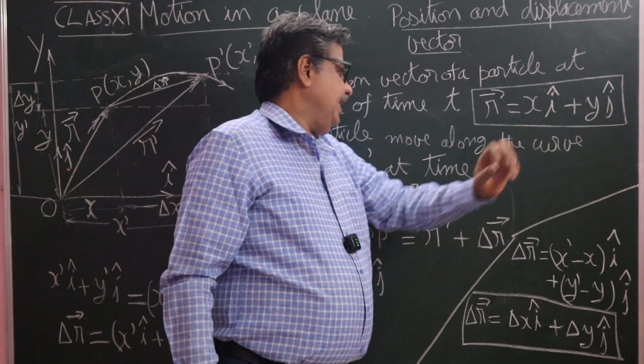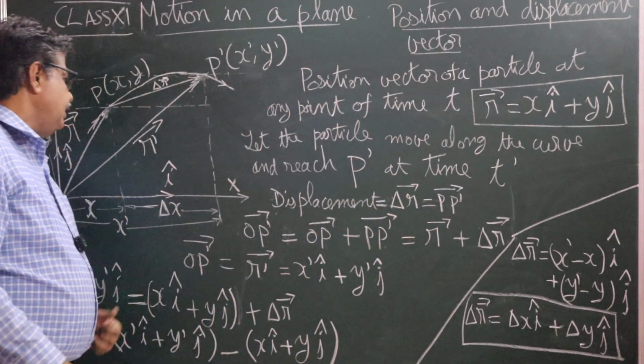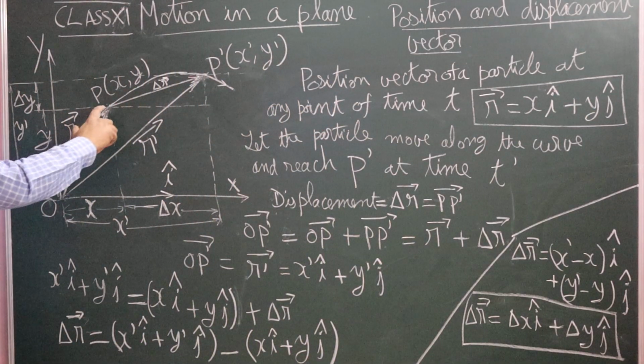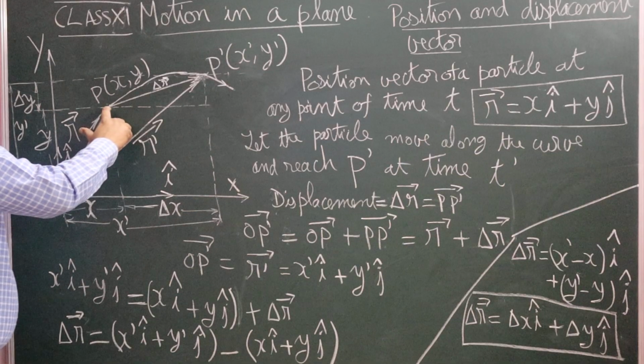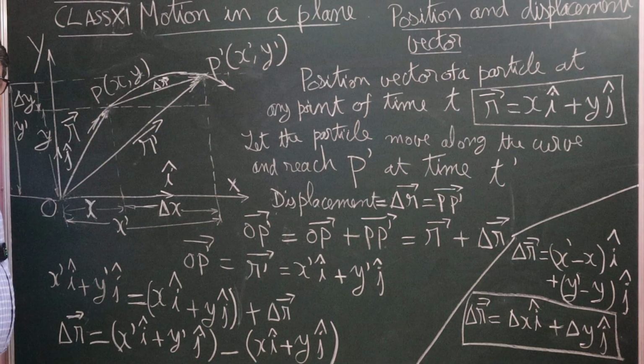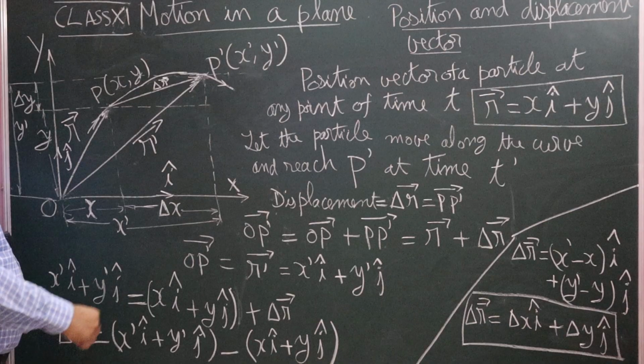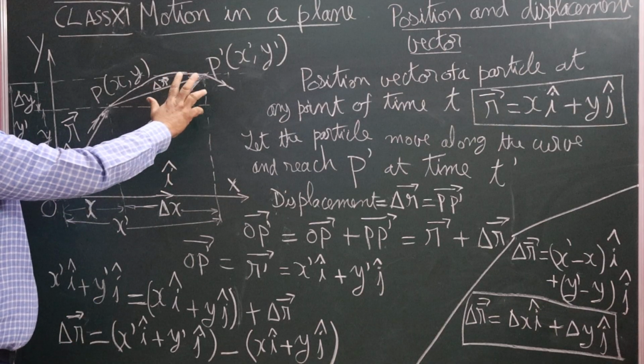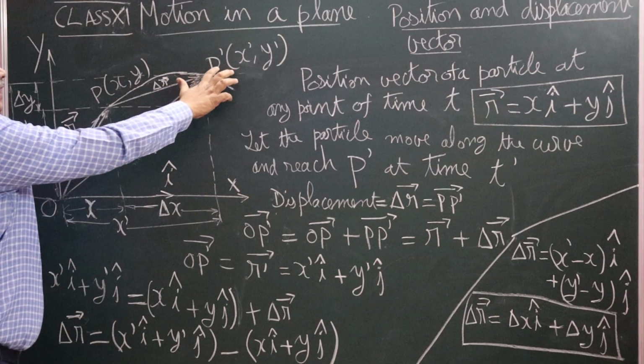Let the particle move from the point P to point P dash. At time T dash, the particle is at point P dash.